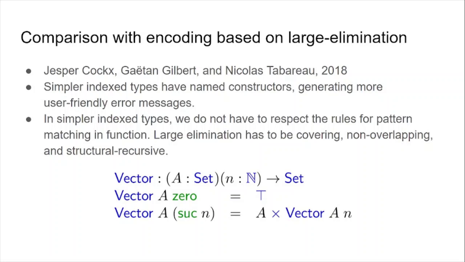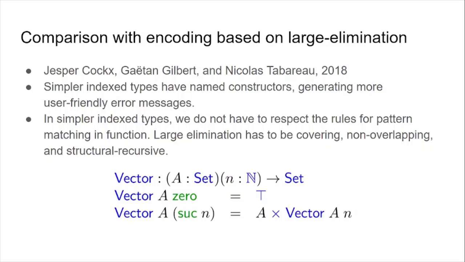Second, comparison with an encoding based on large elimination and records. We can also encode some indexed families by large elimination and records, like in this vector example. However, simpler index types enjoy several advantages.